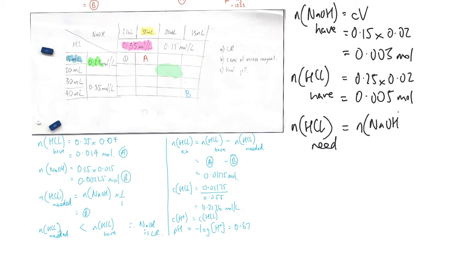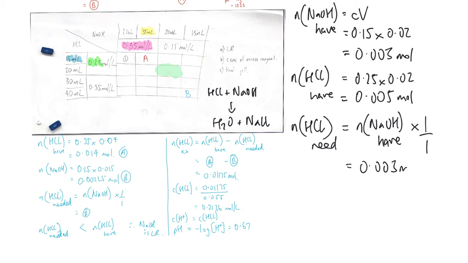The number of moles of HCl that I need in this reaction will be equal to the number of moles of sodium hydroxide that I have times a one-on-one stoichiometric ratio. Remember that you should write out the balanced equation, which is HCl plus NaOH goes to H2O plus NaCl, and they're all 1-to-1 ratios. That one happens to be 0.003 mole.